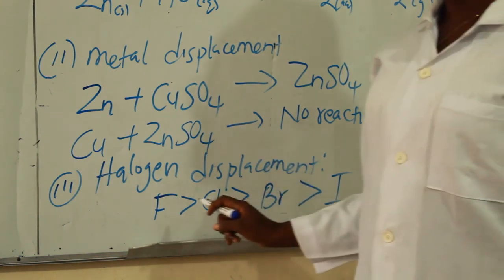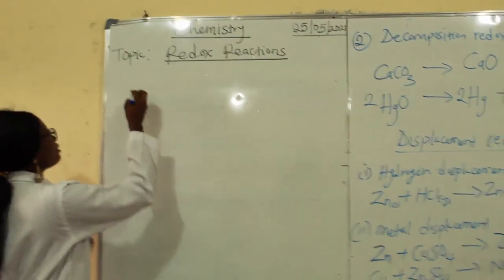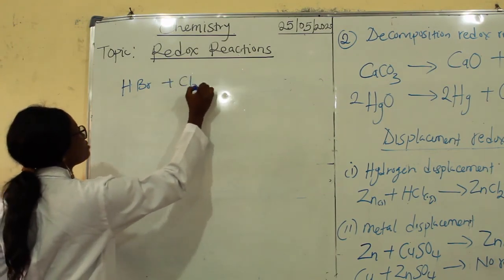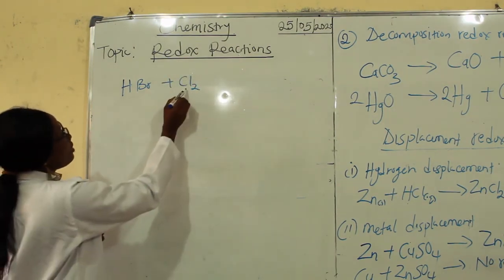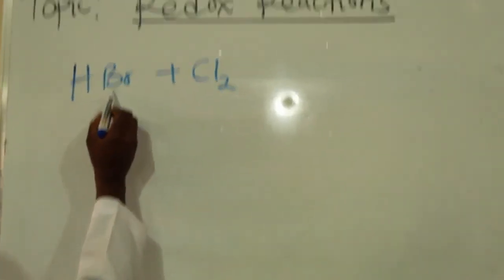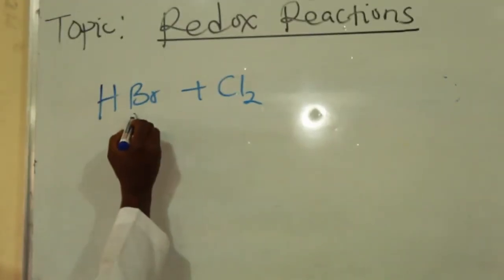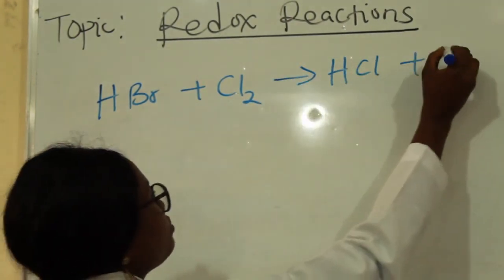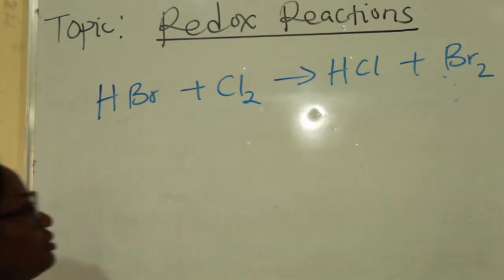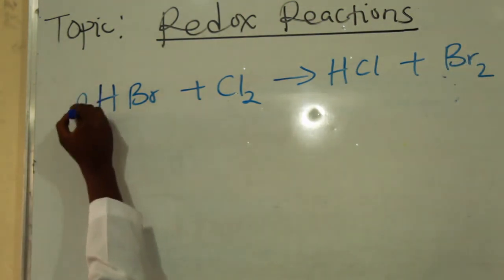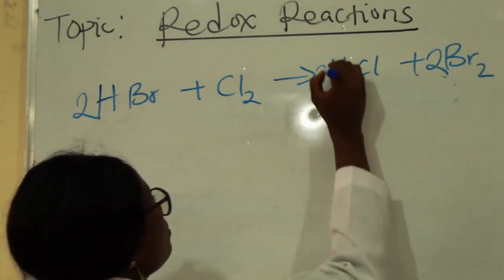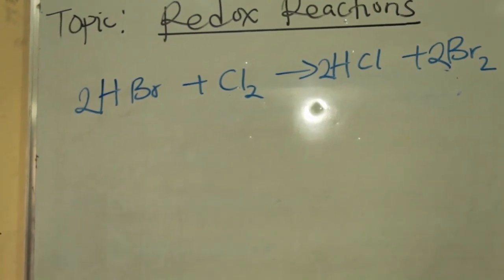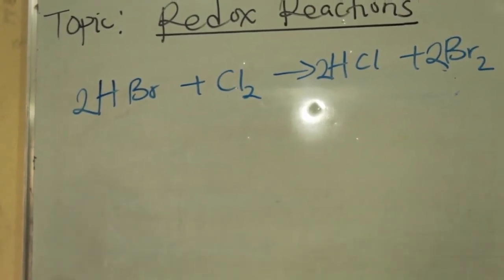Example: if you have hydrogen bromide plus chlorine gas, because chlorine is more reactive than bromine, it will displace bromine, and what will be formed is hydrogen chloride plus bromine gas. Balance the equation: 2 here, 2 here, and 2 here. So this is an example of a halogen displacement redox reaction.